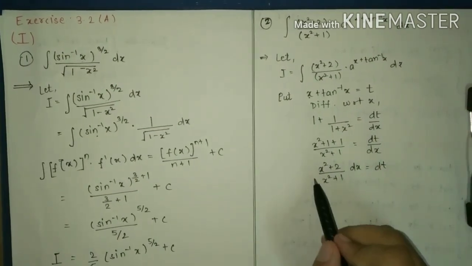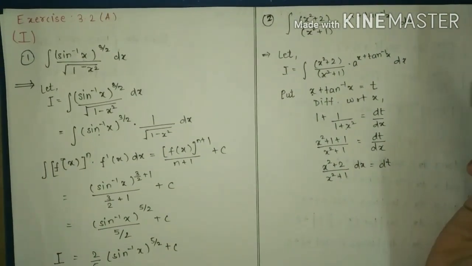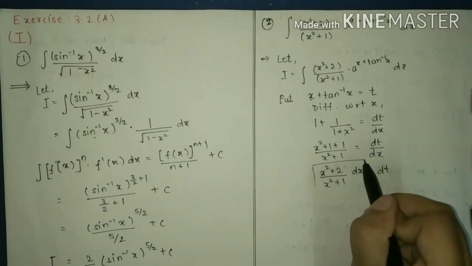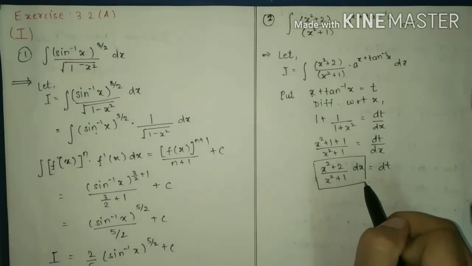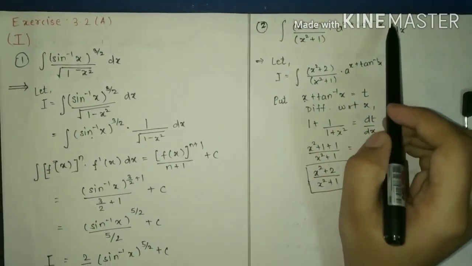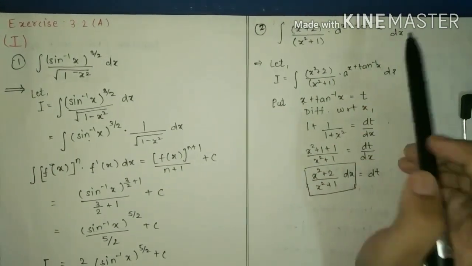So we have done this whole process of differentiating and making it convertible to t. This whole term (x square plus 2) upon (x square plus 1) dx is present in the question, and now I just have to write this whole term as dt.